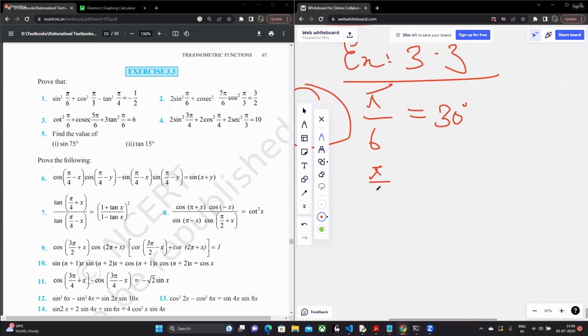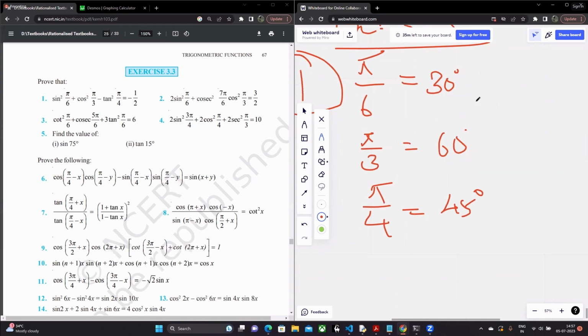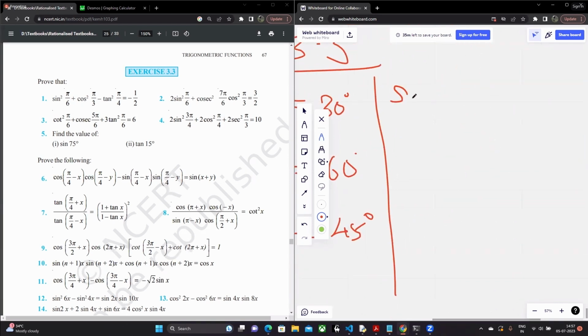That means pi by 3 is 60 degrees, and pi by 4, of course, is 45 degrees, right? You know the sine, cos, and tan for each of these angles, because your standard tables start from 0, 30, 45, 60, and 90, right? So the first question is fairly simple. It's going to be direct substitution of your values.